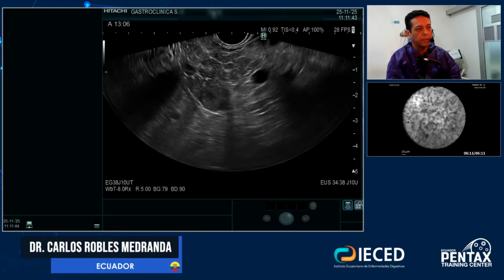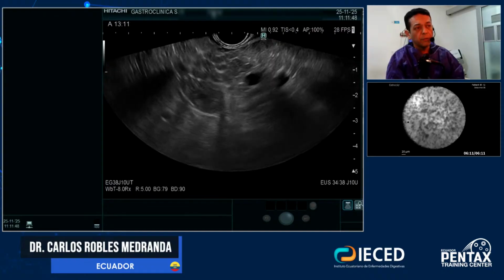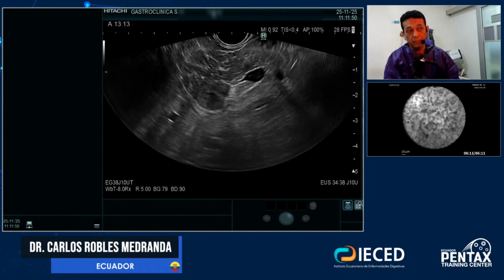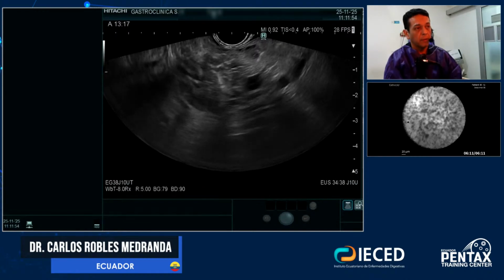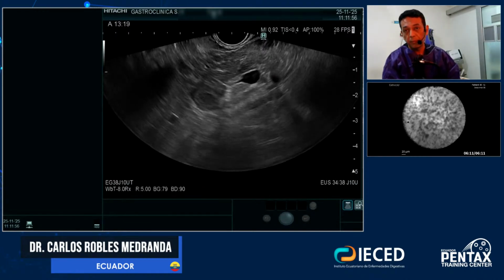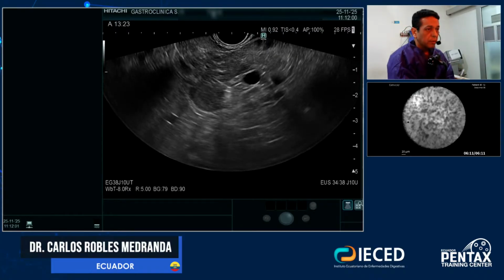So here the lesion is still there, didn't increase nothing. So if this is a neuroendocrine tumor, the treatment could be just because of the risk of the patient. This patient has cardiovascular disease, I believe, also, and diabetes.